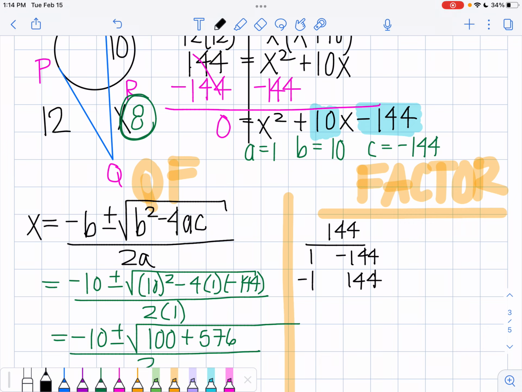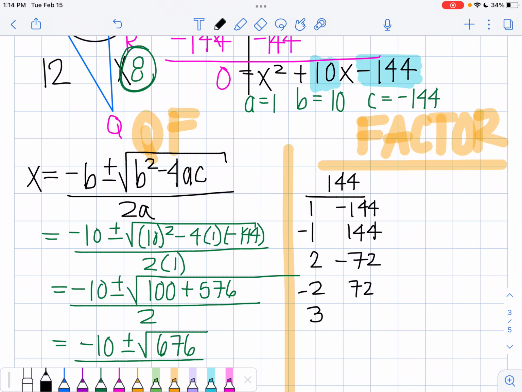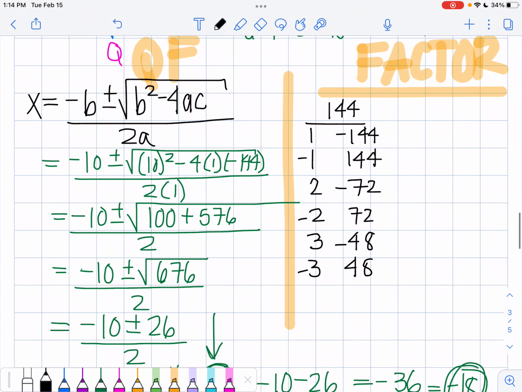144 divided by 2, yes, so 2 times 72. I'm going to write them twice, where each one is negative. 144 divided by 3, so 3 times 48, and negative, negative. 144 divided by 4 is 36, so I got 4 and 36, 4 and 36. 144 is not divisible by 5.